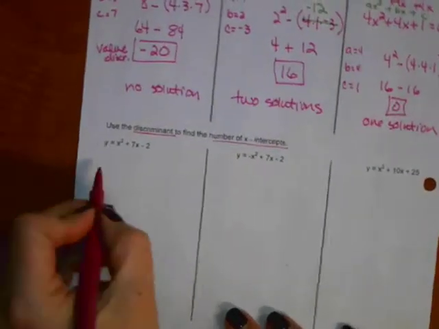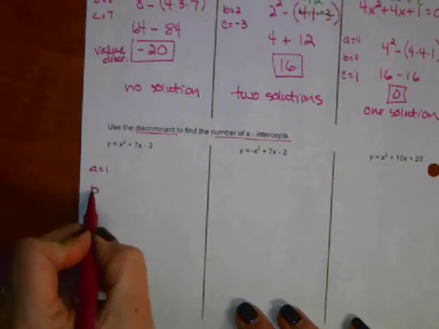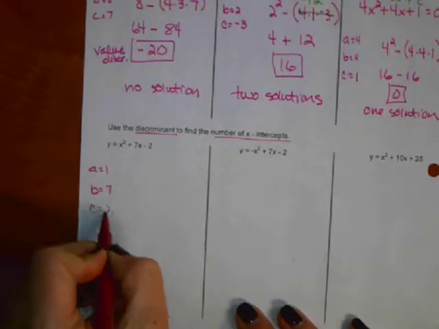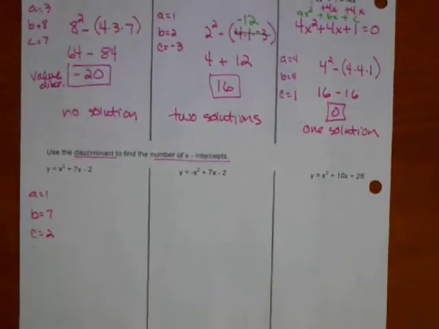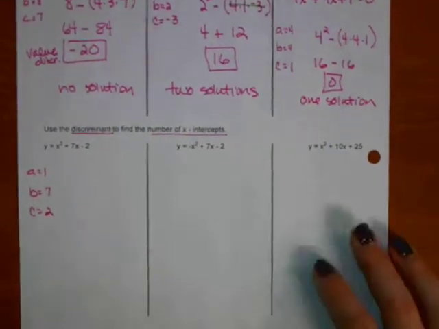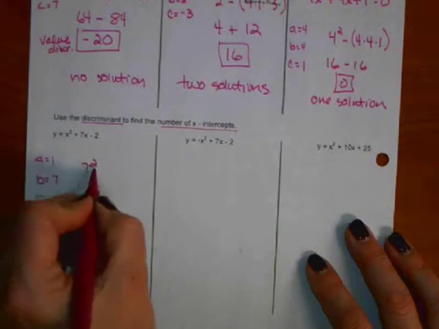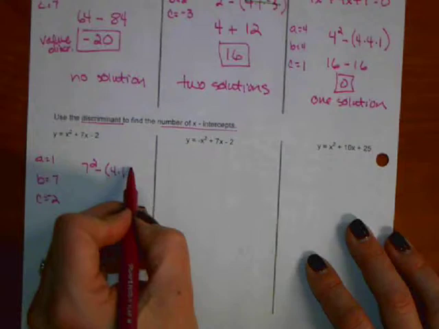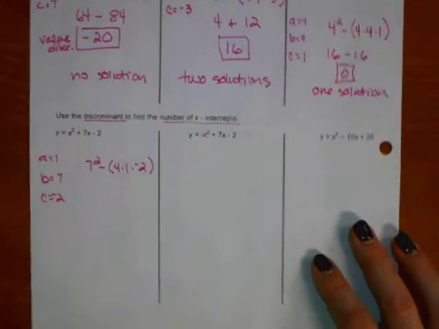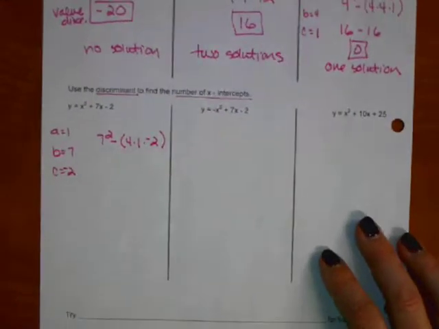Okay, so let's just do this one. a equals 1, b equals 7, c equals 2. Oh, it's frozen. Sorry, you guys. Okay. All right, plug it in. 7 squared minus 4 times 1 times, c is negative 2.